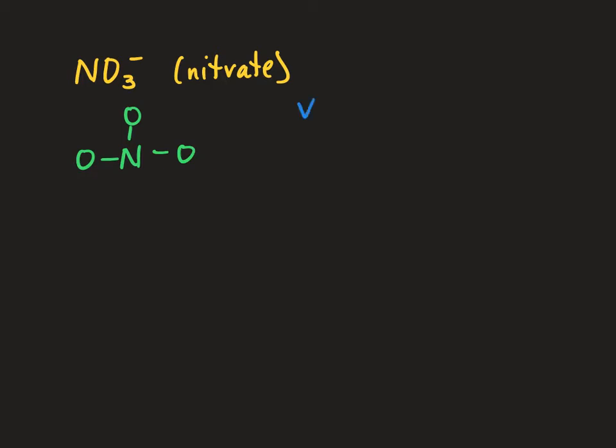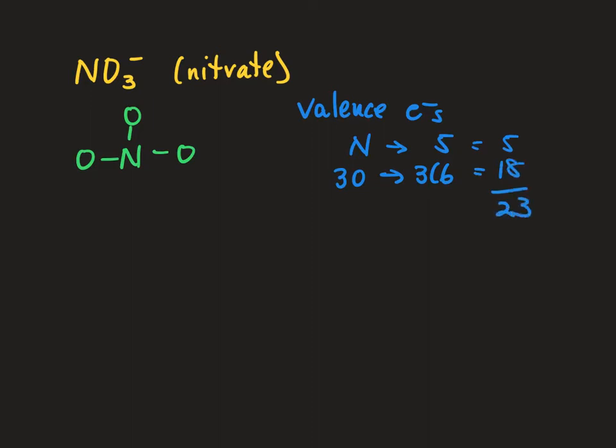If we look at our valence electrons, nitrogen will contribute 5. The 3 oxygens will contribute 3 times 6. So that's 5 plus 18 is 23.